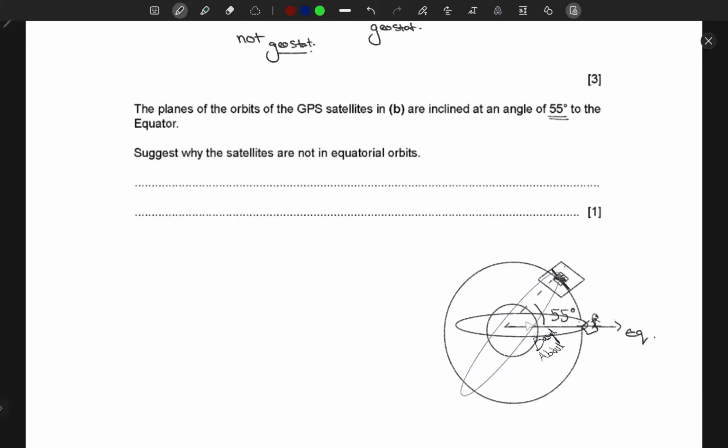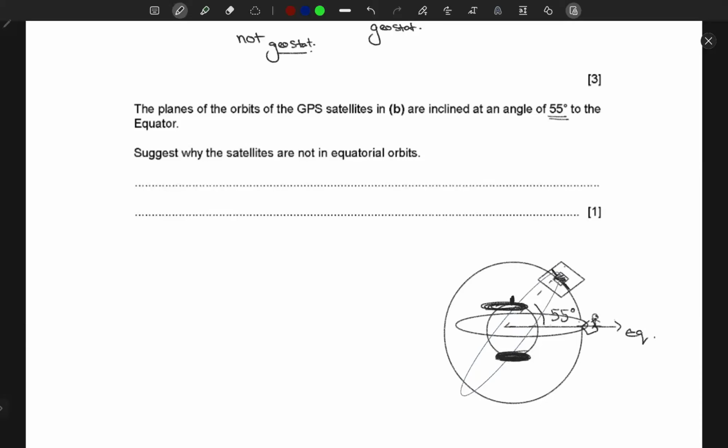Now, if the satellite is in this orbit, then it really cannot see what's happening at the top point of the surface, and it also may not be able to see what's happening at this point. But if it's in this orbit, which is inclined at some angle, then it can cover every part. It will cover what is happening at the poles, on these sides and everywhere. It can also cover what's happening at the south pole.